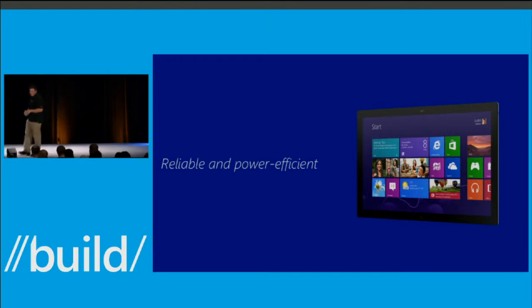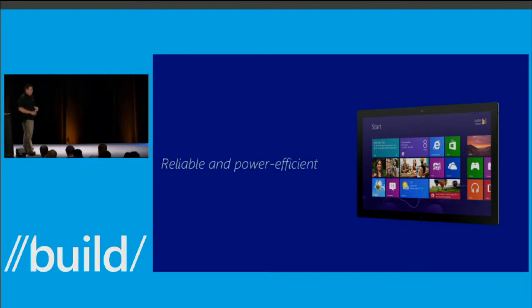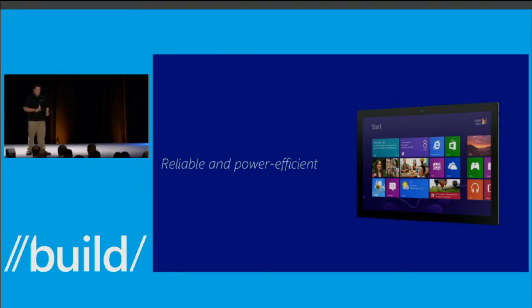We did a lot of work to make app reliability better. When your apps go to the background, they'll sit in the background and you don't know what's going on with them. I'll use Skype as an example. You might be working away, Skype's in the background. If for some reason Skype were to crash, you wouldn't know it. What we did is we spent some time focusing on watching and maintaining the apps in the background.